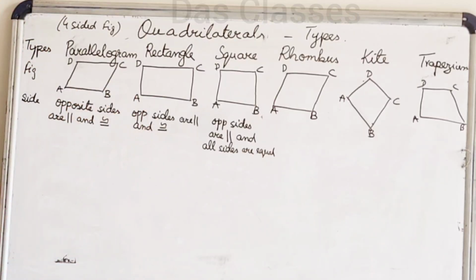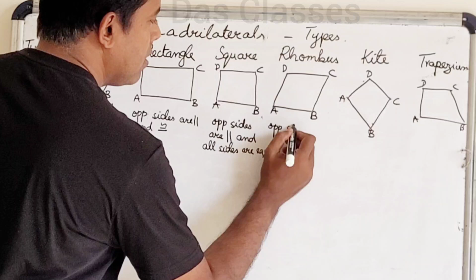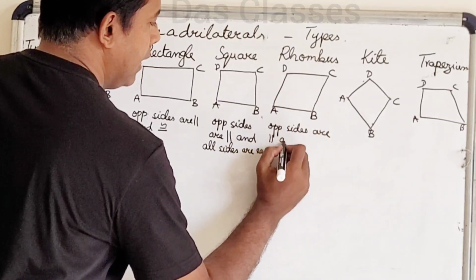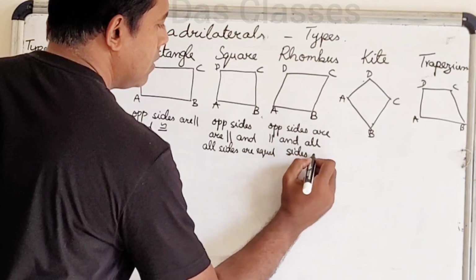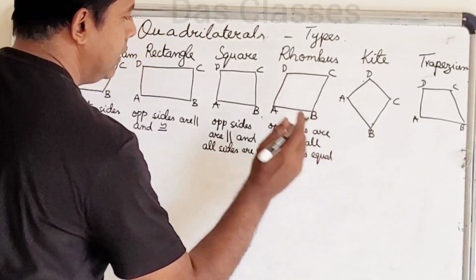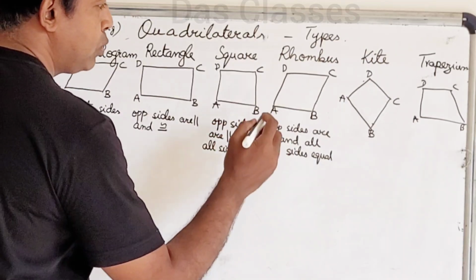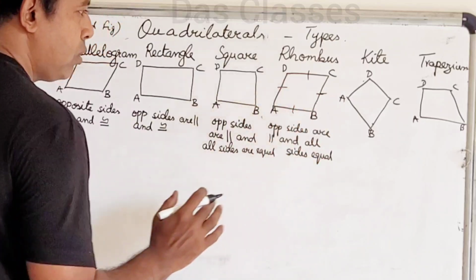In case of rhombus, same thing. Opposite sides are parallel, and all sides equal. So let's also simultaneously mark it. The same marking means all sides are equal.